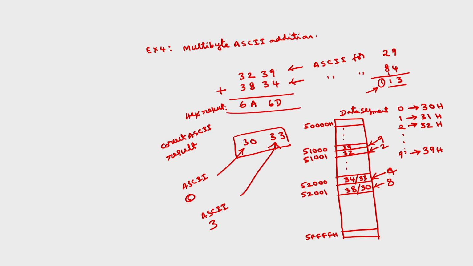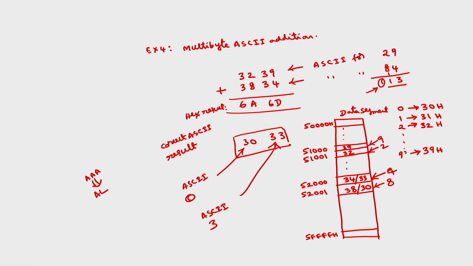You have to perform this addition first, then this addition, because the instruction I am going to use here is AAA, ASCII adjust after addition. This operates only on AL, so I have to use 2 byte additions.